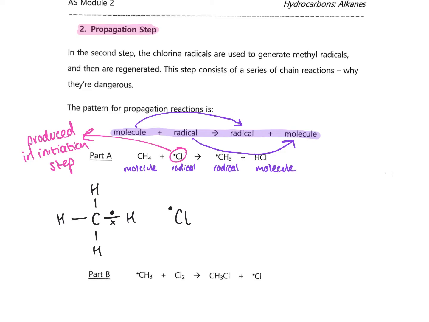So what happens with this is essentially we're forming hydrogen chloride, and how that forms is the carbon-hydrogen bond breaks, and one of the electrons is used to form a bond between the hydrogen and chlorine, and the chlorine radical uses its single electron to form that electron pair. And we'll see that in the products, how hydrogen and chlorine are now bonded together with one of the electrons from the original carbon-hydrogen bond and the unpaired electron of our radical.